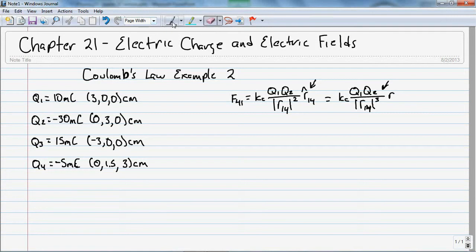I'm going to have to find all of my distances. So I'm going to need to find R14, R24, and R34.